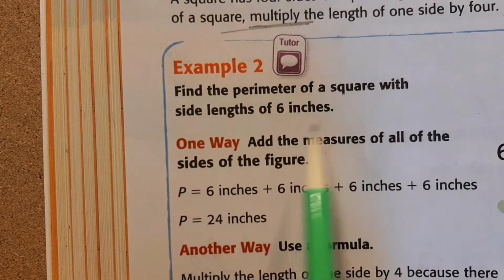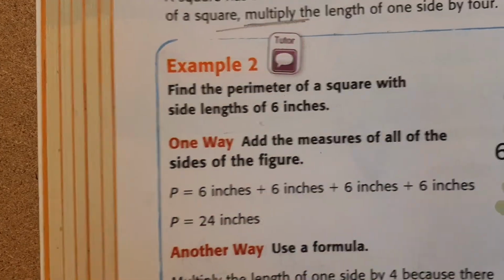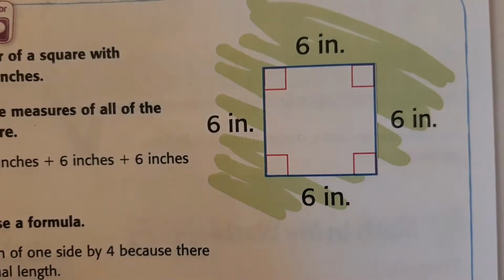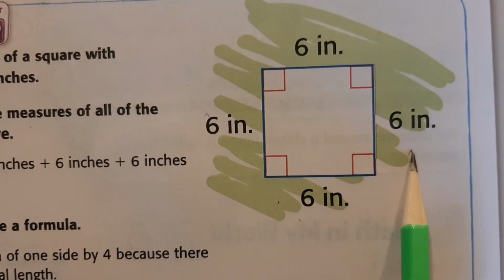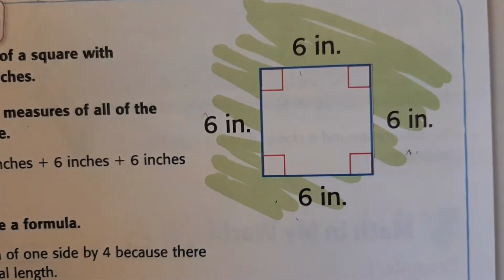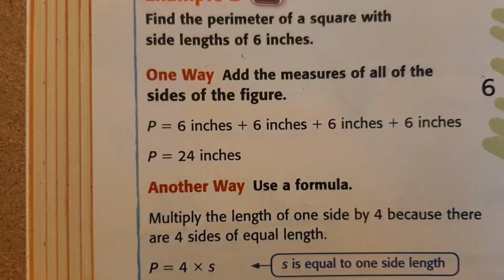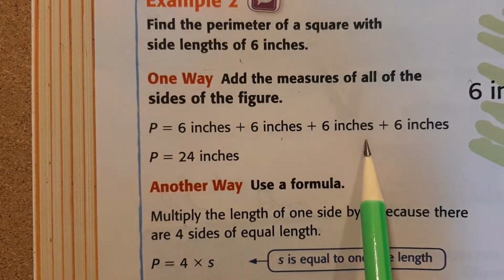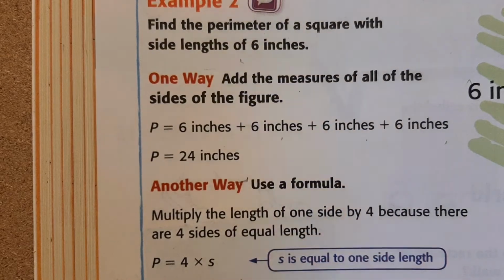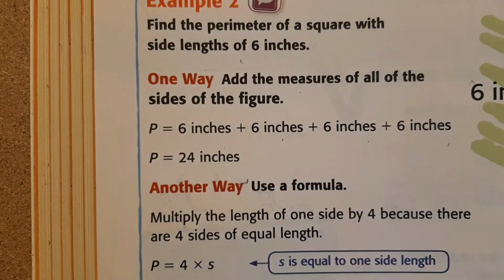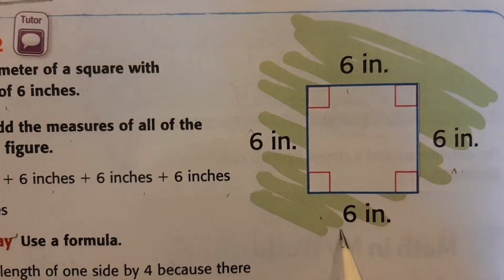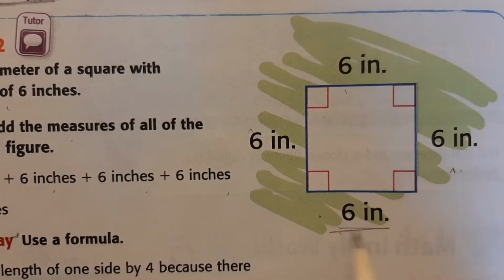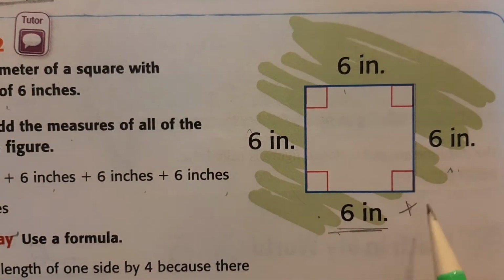Find the perimeter of a square with side lengths of 6 inches. So look, you've got a square here. Now you could add 6. 6 plus 6 is 12. 12 plus 6 is 18. 18 plus 6 is 24. Right? That's what they say here. 6 inches plus 6 inches plus 6 inches plus 6 inches equals 24 inches, right? But the easier way is you just multiply one side, which is 6 inches, times 4.